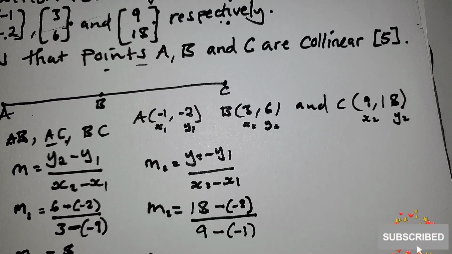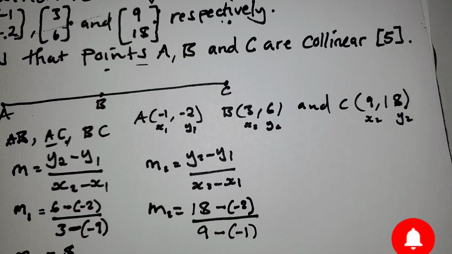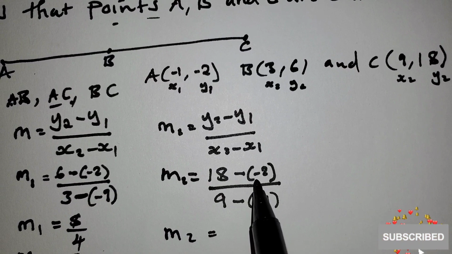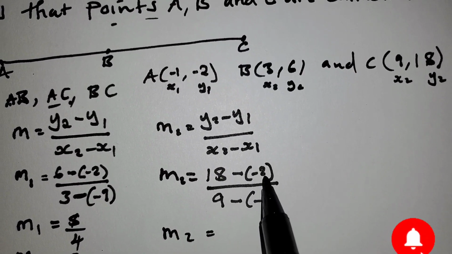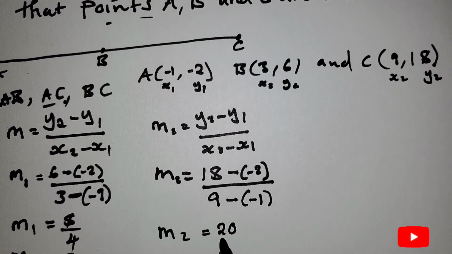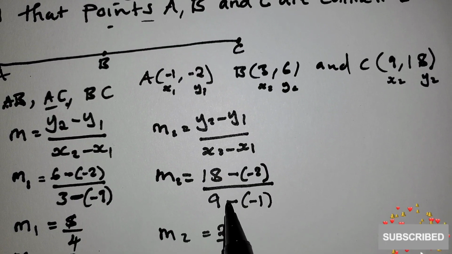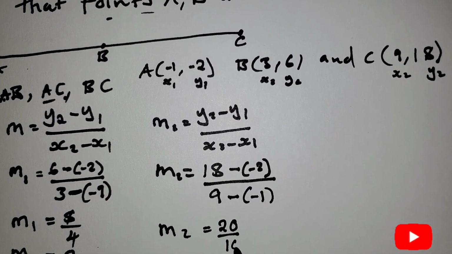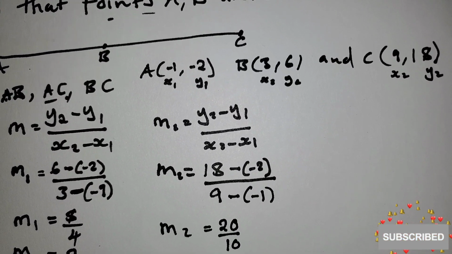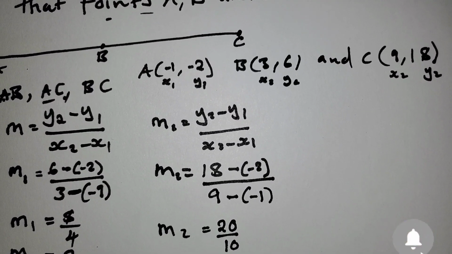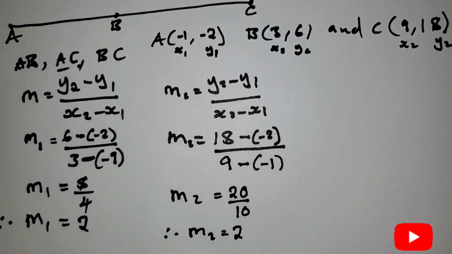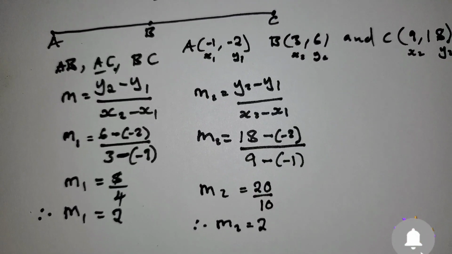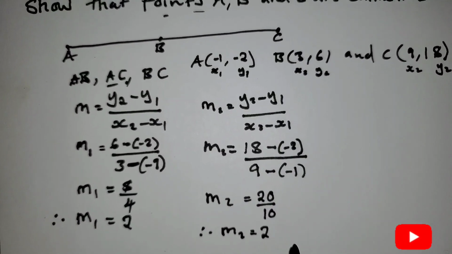So m2 is equal to: negative times negative is positive, 18 plus 2 will be 20, and negative times negative is positive, 9 plus 1 will be 10. Therefore, m2 is equal to 2. The second gradient is also 2. So far we are doing the right thing. The first and the second have the same gradient.